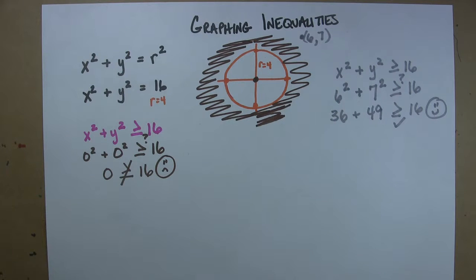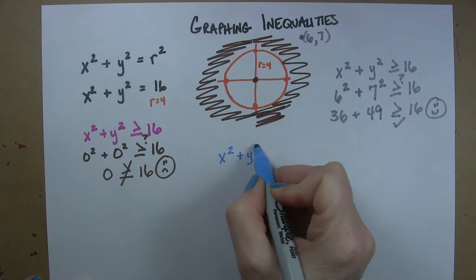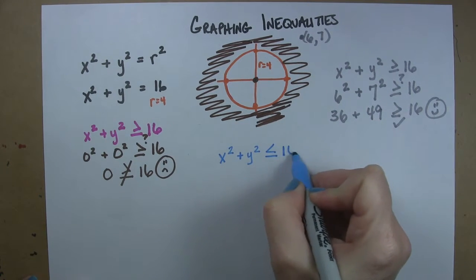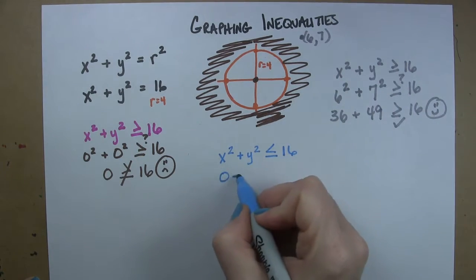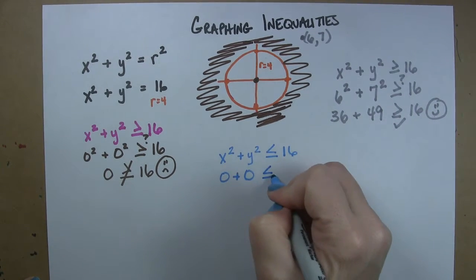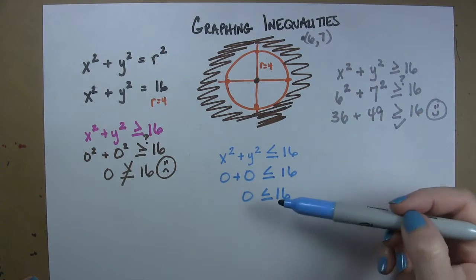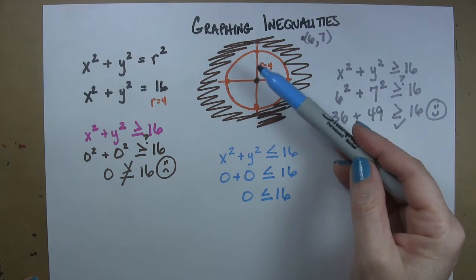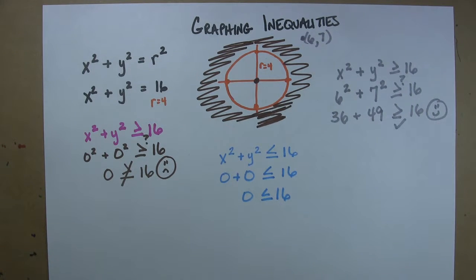Okay, now just so you know, if I had an equation that was x squared plus y squared is less than or equal to 16, and I picked (0, 0), now I would have 0 plus 0 is less than or equal to 16, which is a true statement. So if that were the case, then I would be shading the inside of this circle instead of the outside of the circle. I hope that makes sense to you.